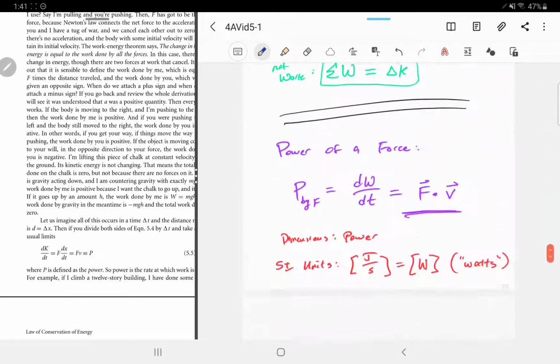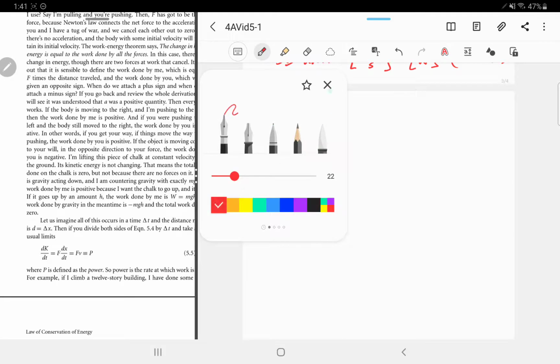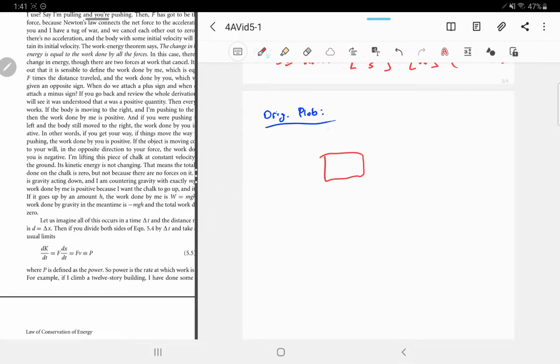Okay, so let's draw the free body diagram for this. So we have a box, we have F applied to the right, that we're given. The frictional force, we're not told anything about it, but we know it has to equal in magnitude the applied force, just because we're told it's moving at constant velocity v naught.